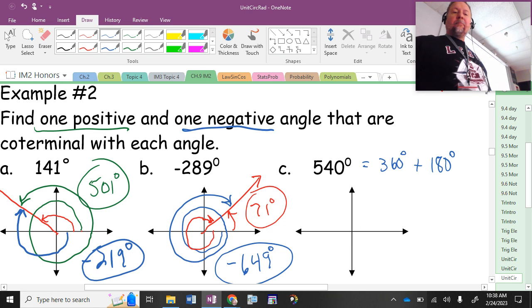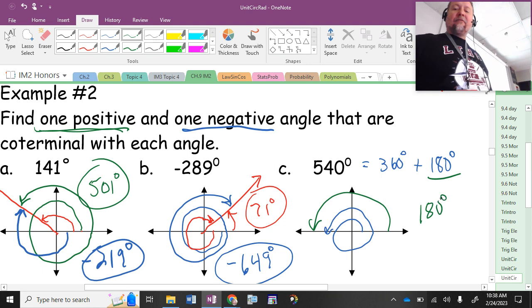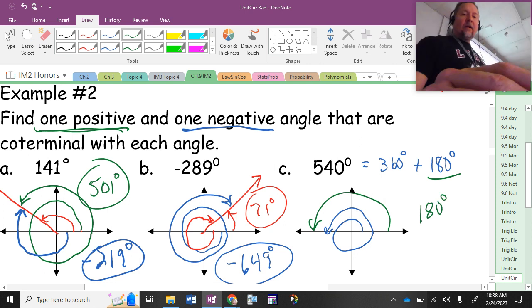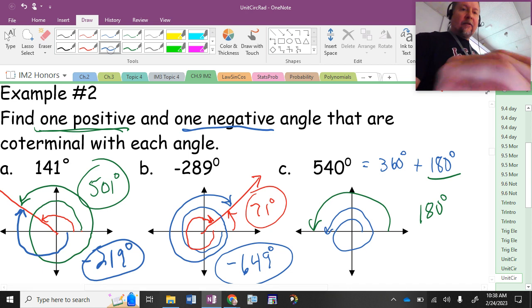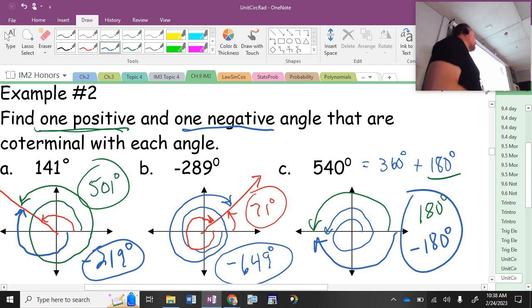Okay, so what's the positive coterminal angle that lands in the same spot as this? So what is this angle measure from here to here? 3, 2, 1, go. 180. It's right there. I already lopped off that 360. Oh, and then by the way, what was I doing in negative? What's this angle measure from here to here? Negative 180. Okay, and that satisfies those directions.